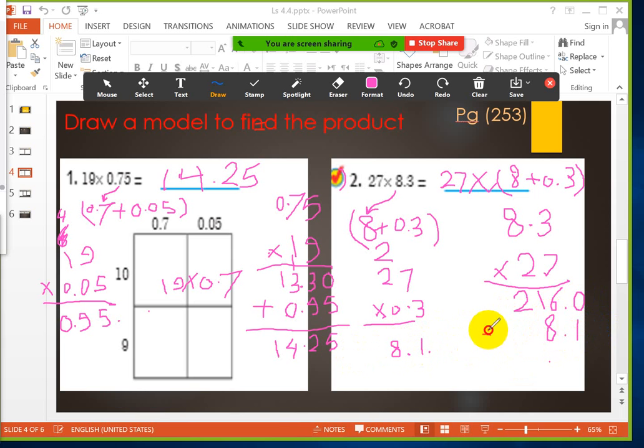Then add the numbers. 0 plus 1 equals 1. Put the decimal point on the same location. 6 plus 8 equals 14. So I will put 4 here and 1 above the 10. 1 plus 1 equals 2. This is the final answer, 224.1. Okay girls?